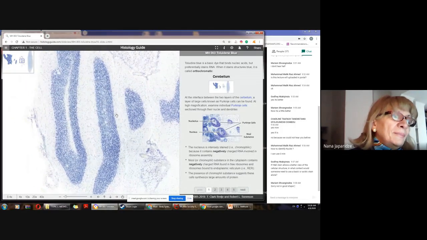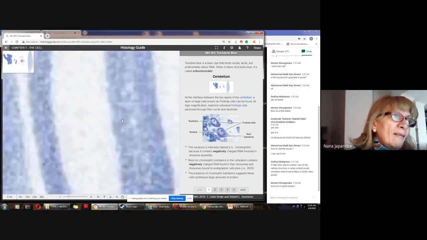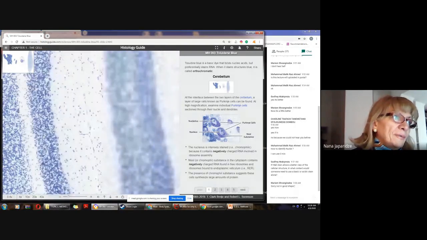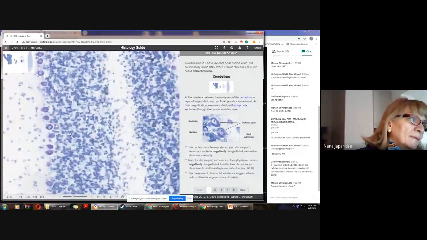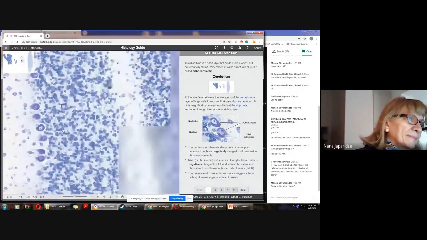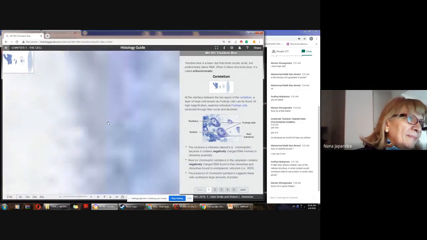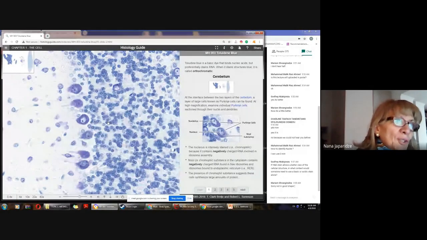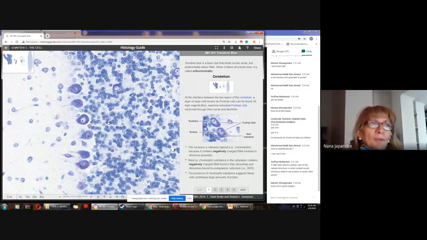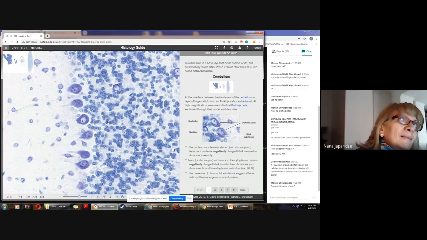For example, when we are working with the brain tissue, we can use basophilic staining, toluidine blue, and identify the different types of neurons.